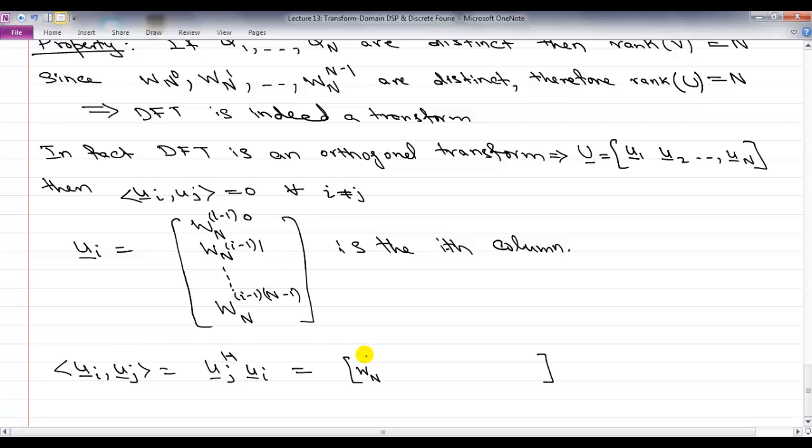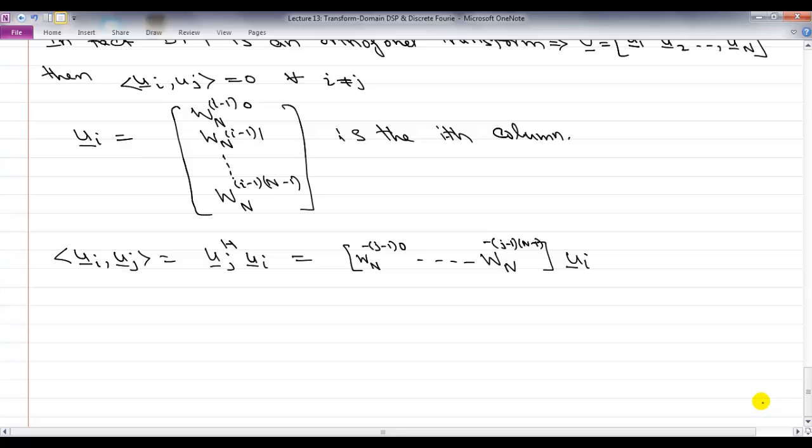So I have Wn^(-(j-1)·0) up to Wn^(-(j-1)(n-1)) times Ui. So a row vector is being multiplied by a column vector, and I just add their respective entries, so the sum over n equal to 0 to n minus 1 of Wn^((i-1)n) times Wn^(-(j-1)n).